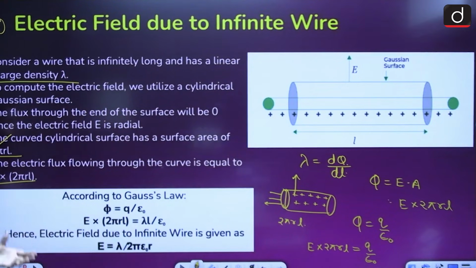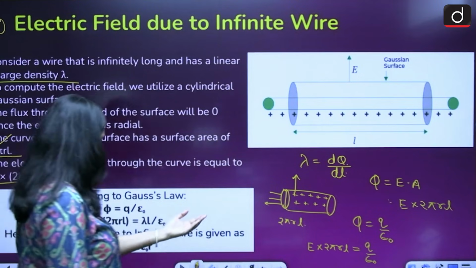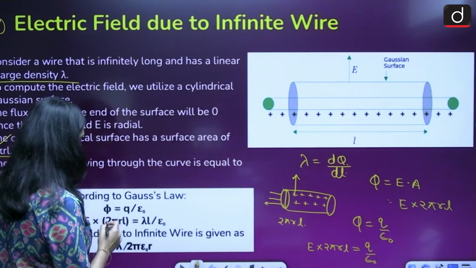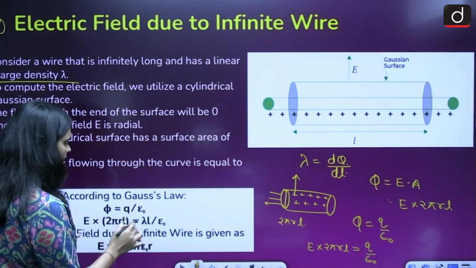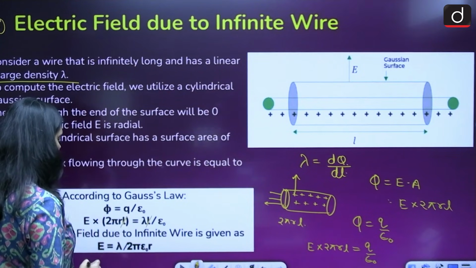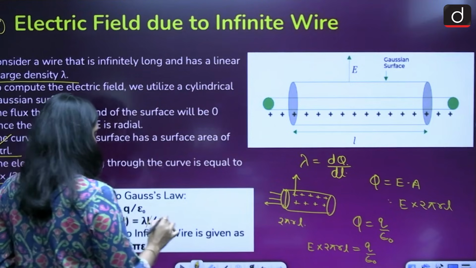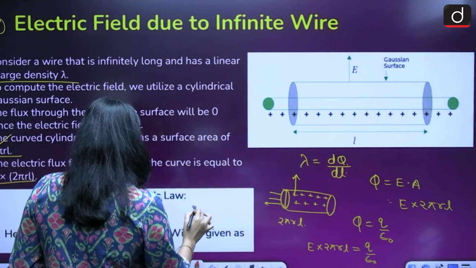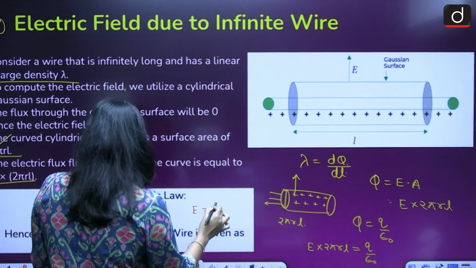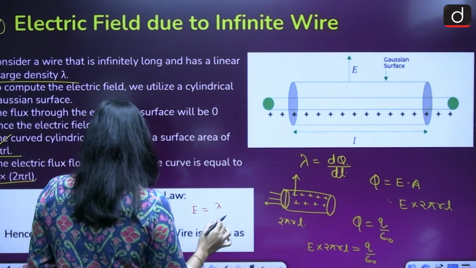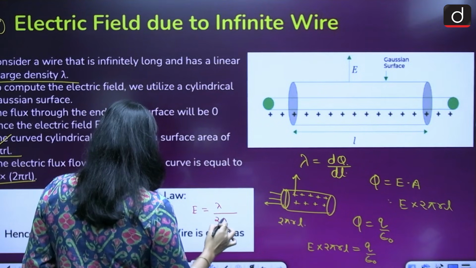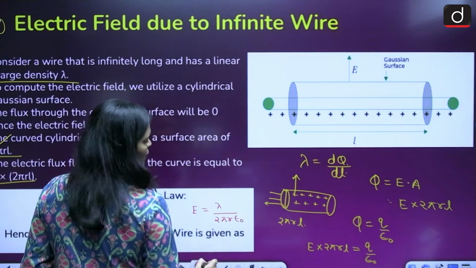Now just from here calculate the value of E. अभी यहाँ पे कैसे निकलेगा, 2 pi RL. Now L cancels, right, and from here what you can write down, see, now E equals lambda by 2 pi R epsilon naught, right.